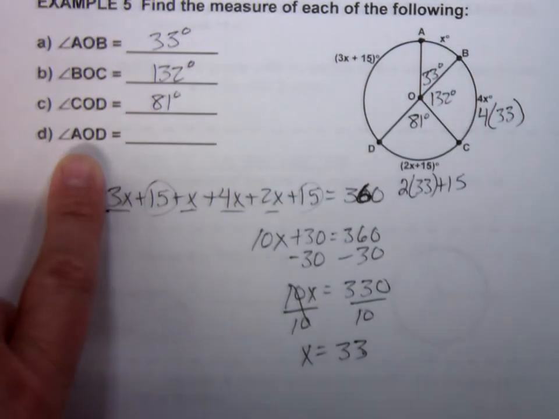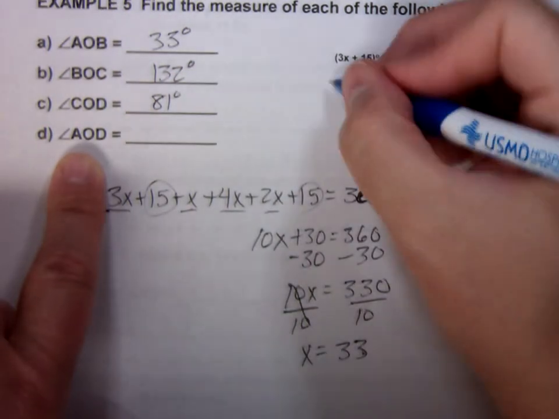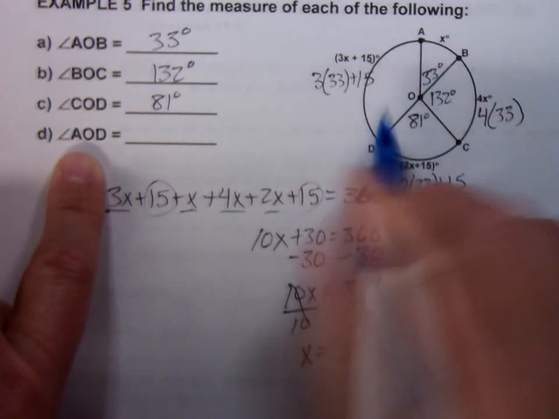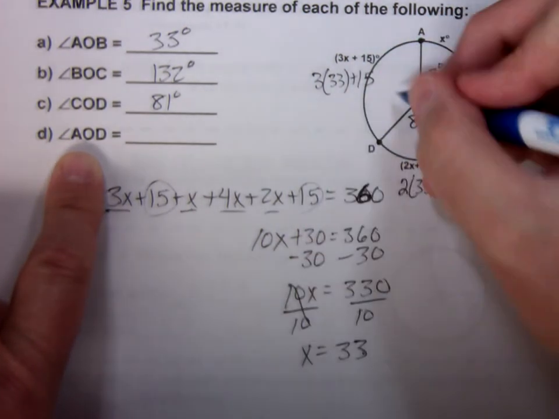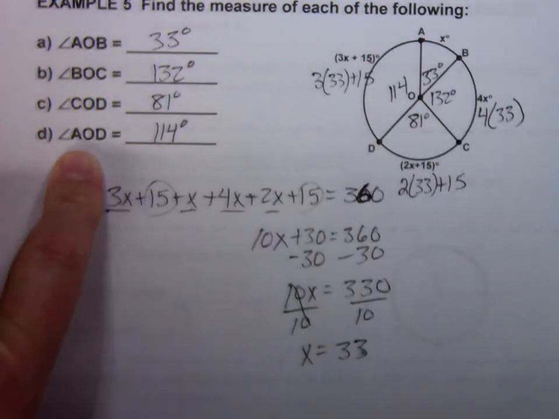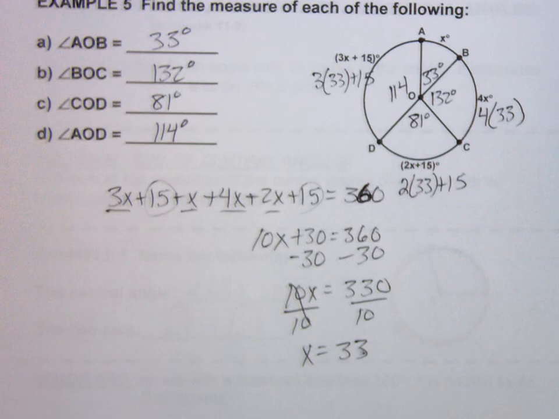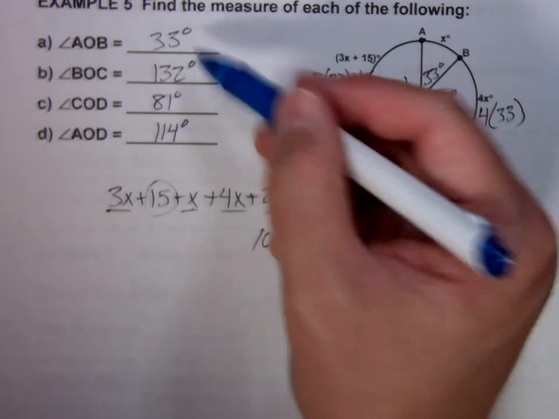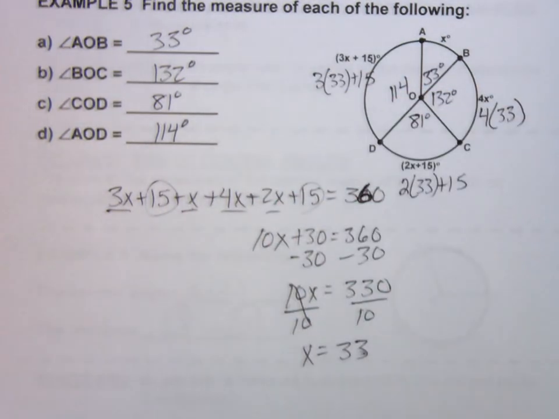And the measure of angle AOD, we're doing 3 times 33 plus 15. So 3 times 33, 99. 99 plus 15 is 114. So there's all your measures. And one thing you can do at the end, just to make sure we didn't make some silly mistake along the way, these angles are supposed to add up to 360. So just check your numbers, add them all up, make sure they add up to 360. And those numbers do add up to 360.